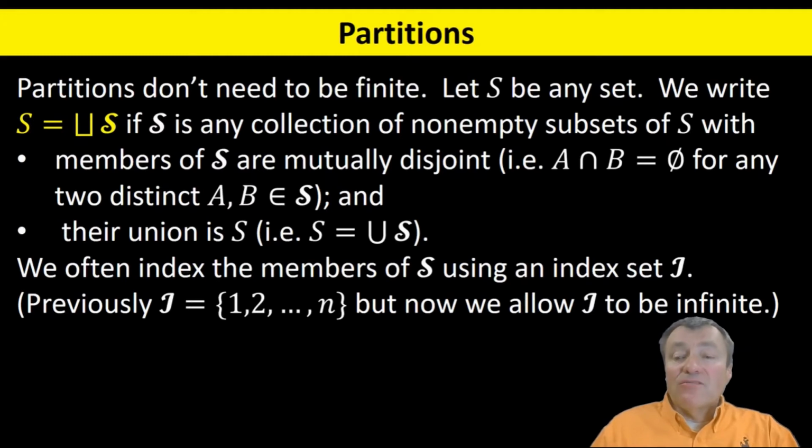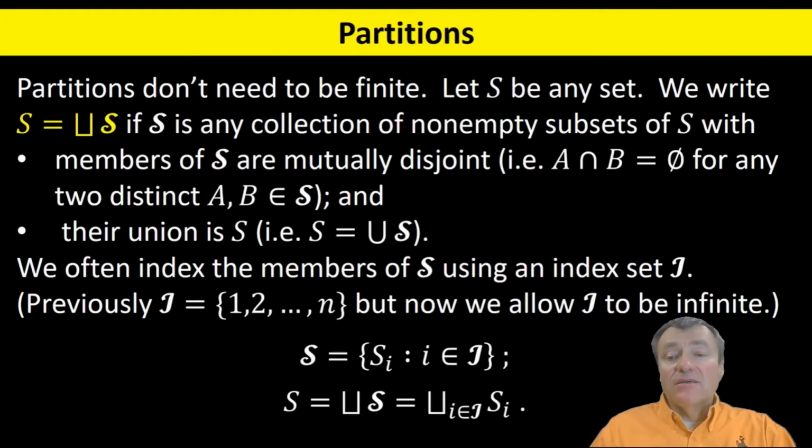When there are only finitely many parts, we could index them using indices 1, 2, 3 up to n, if there are n parts. But in general, any set, call it script I, this is a script letter I, can be used as a set of indices. Any set that has the right size can be used to index or to label the parts of the partition.